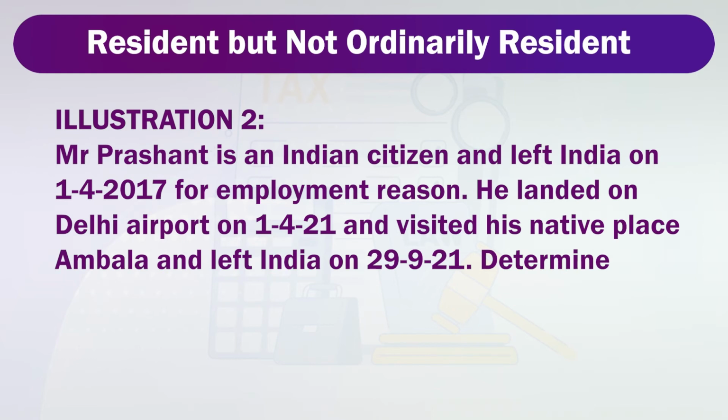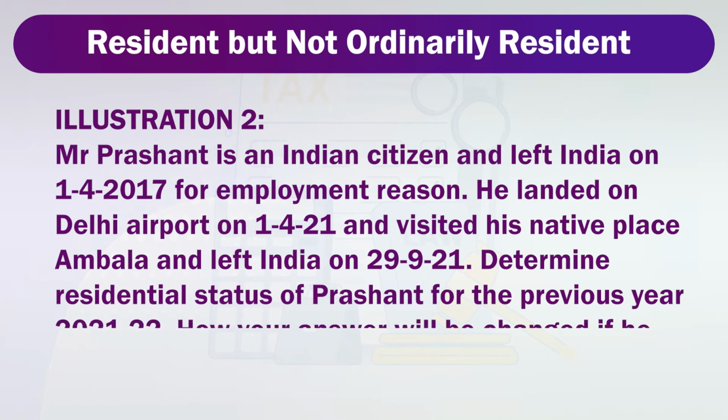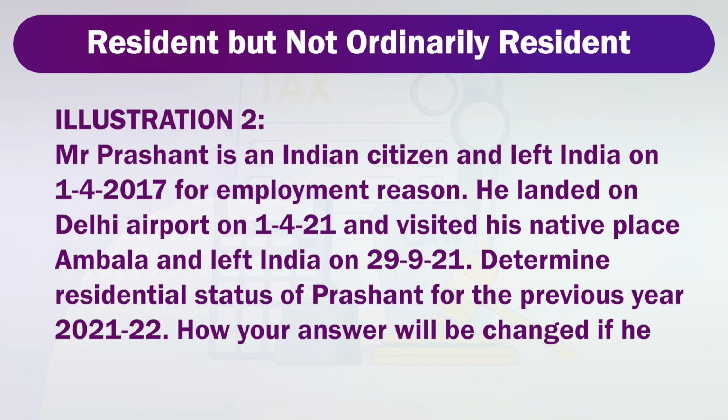He landed on Delhi airport on 1st April 2021 and visited his native place Ambala and left India on 29 September 2021. Determine residential status of Prashant for the previous year 21-22. How your answer will be changed if he leaves India on 28 September 2021.